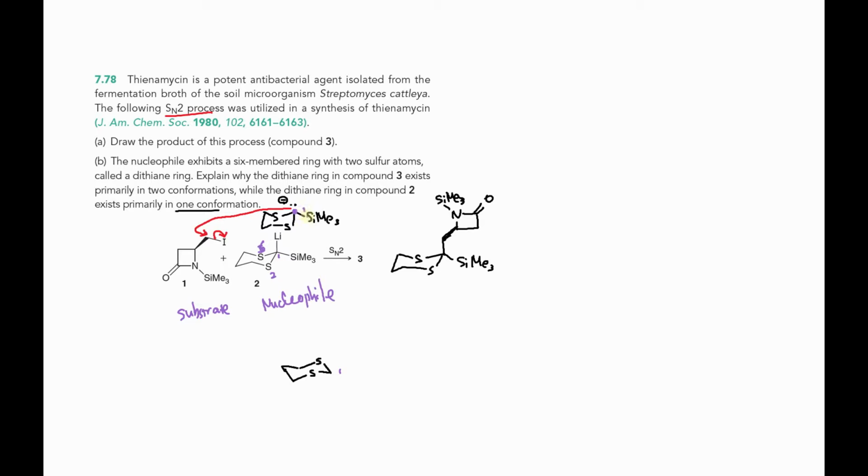The substituent is below the ring, so that means this side must be downward. For now I'm going to draw the two equal lines, but you'll see that one is more favored.